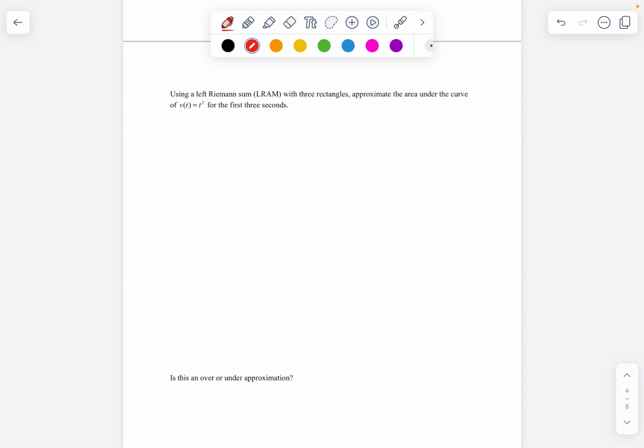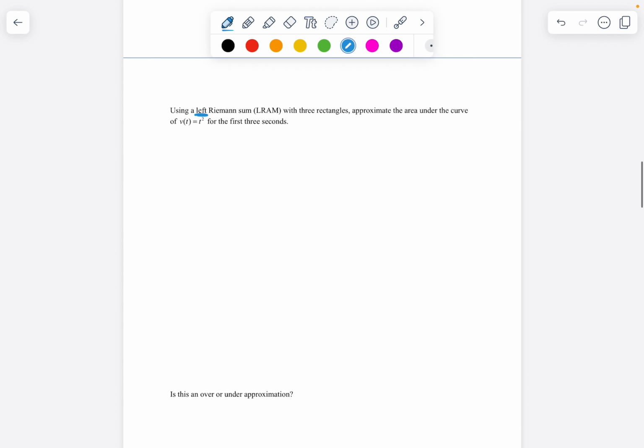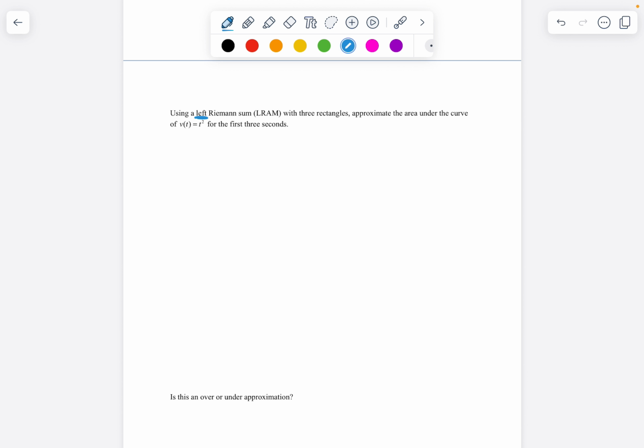This is now called left Riemann sum. So the left Riemann sum, this is now going to be the left Riemann approximation method. Now this is a little bit different.